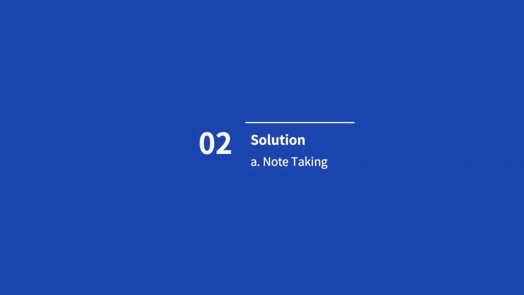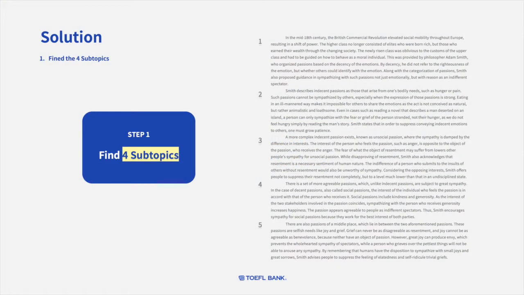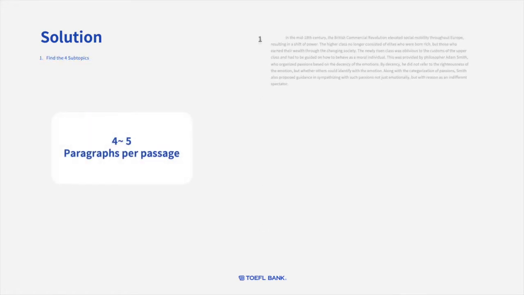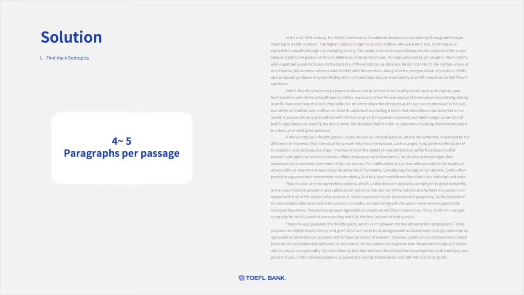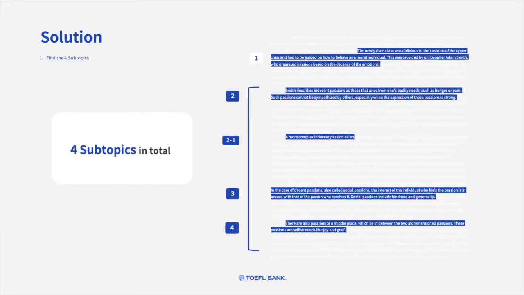The solution method begins with finding 4 subtopics within the passage. In every new TOEFL reading passage, there will be 4 to 5 paragraphs, and within these paragraphs, there will always be a total of 4 subtopics. Just like this, the 4 subtopics will be balanced out throughout the entire passage.